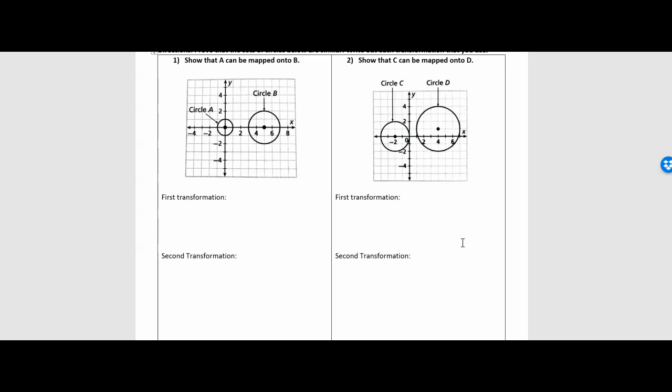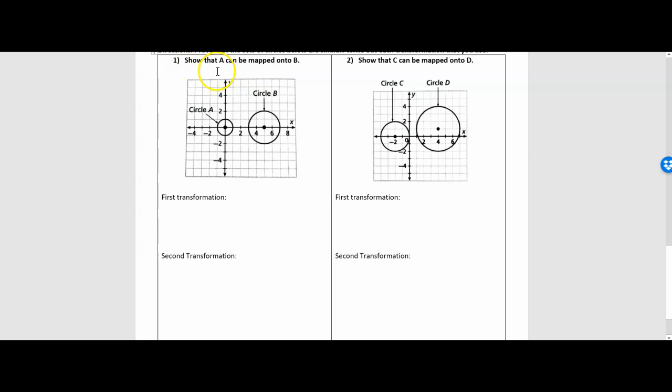So state the first transformation, be as specific as possible, tell me what type of translation needs to occur, and then tell me what type of dilation needs to occur. And you will need to give the scale factor, right? So you'll need to say translated in this way, and then dilated by a scale factor of blank. And then just make sure you're following the instructions.